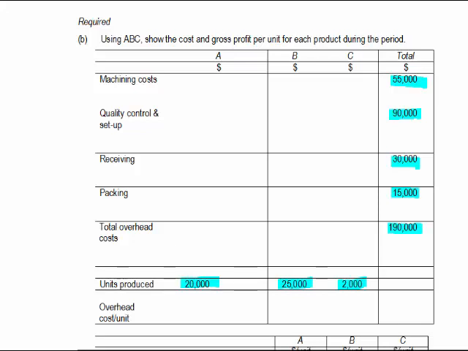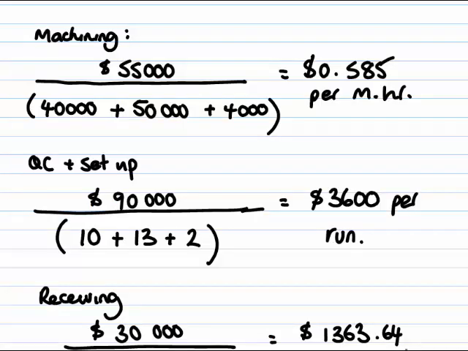So let's start off with machining. Now we need to spread that 55,000, and we're going to use our cost driver in order to do it. Now this is where laying it out like this helps, because we know we've got $0.585 per machine hour, and for product A we've got 40,000 machine hours. So all we need to do is multiply 40,000 by 0.585, and that's going to be the answer that we need to put into the table.